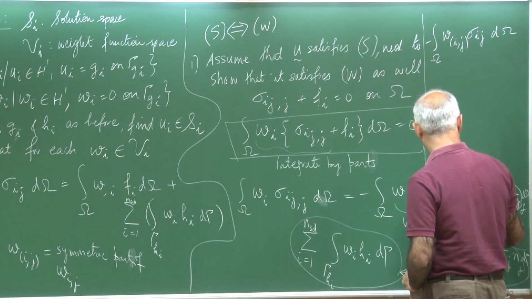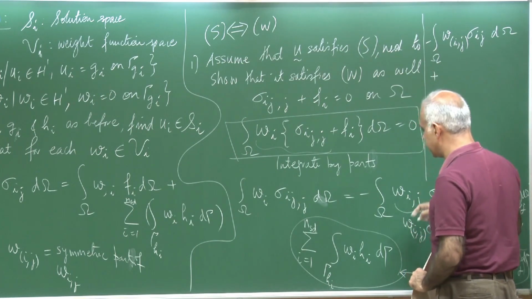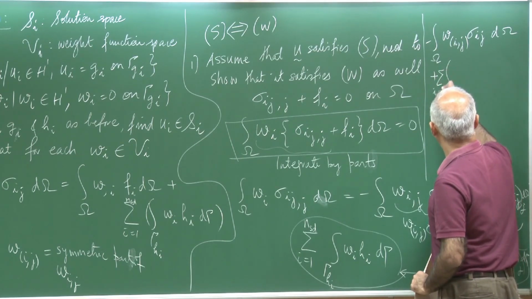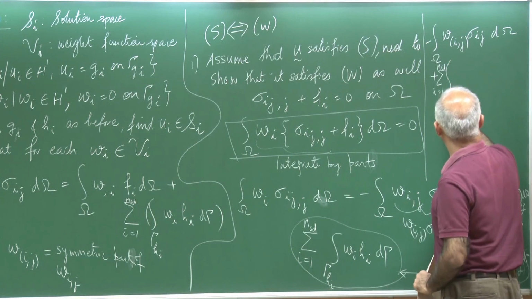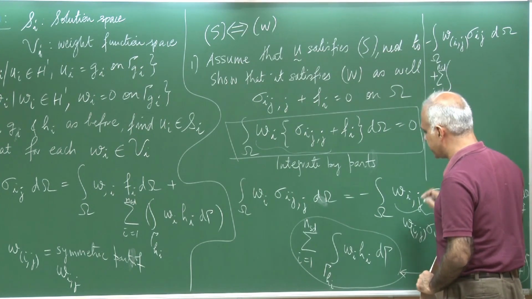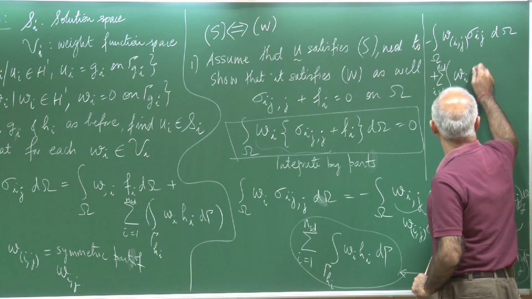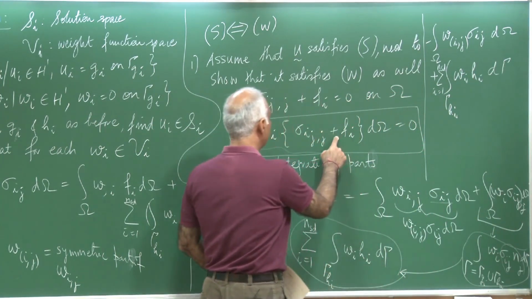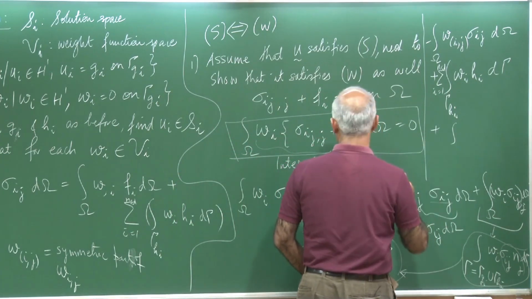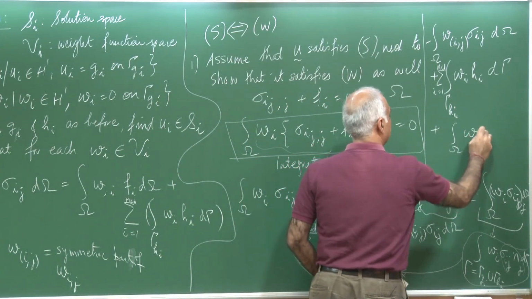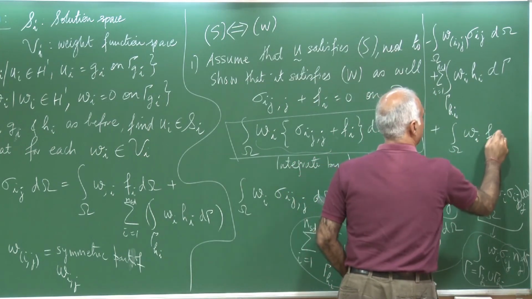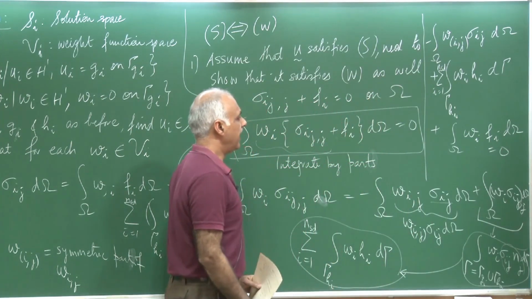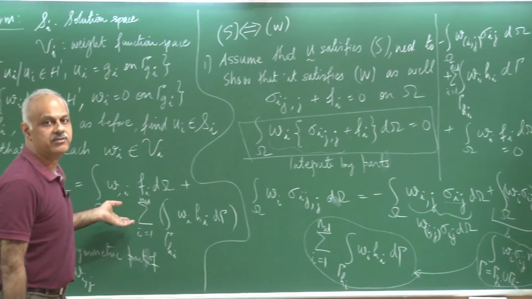And then the second term I get out of this is plus this one over here: summation i goes from 1 to nsd, the integral over gamma h i of W i h i d gamma, and then of course the remaining part, which is the integral over omega of W i f i d omega, equal to 0. And in fact, this is the statement of the weak form.